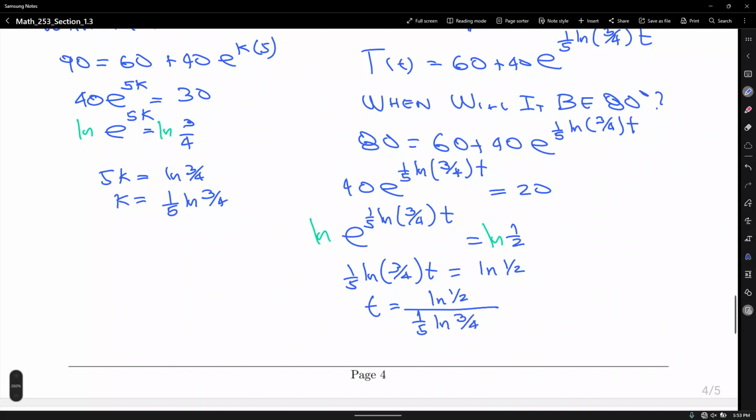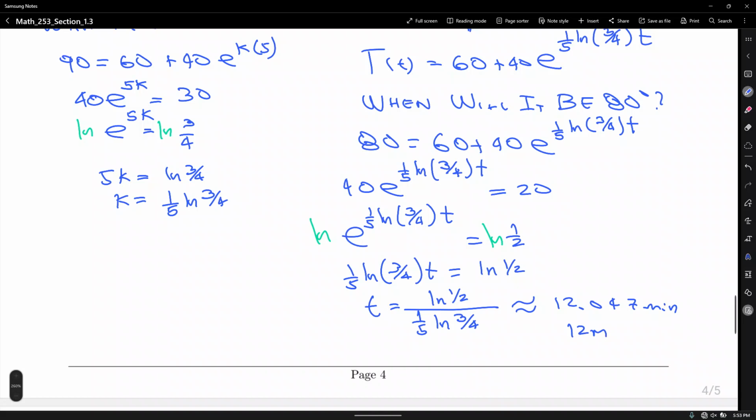But of course, we're not going to report final answers like this, because we want a more numerical sense. So this is approximately 12.047, which I'll round to 12 minutes.